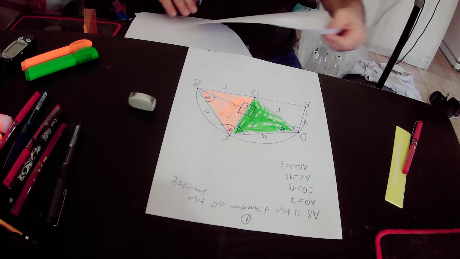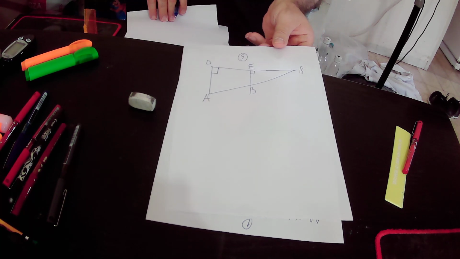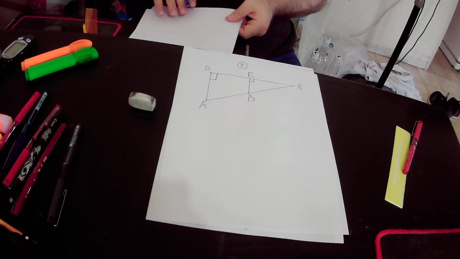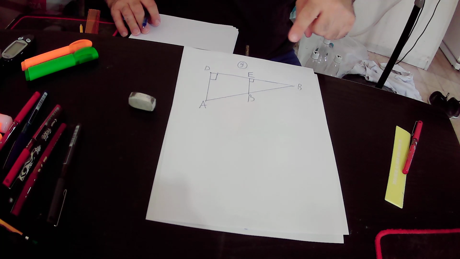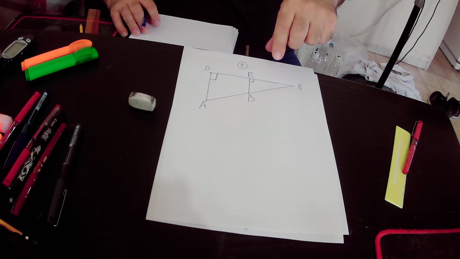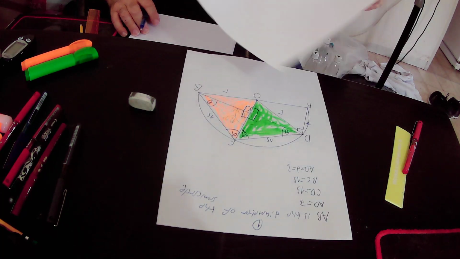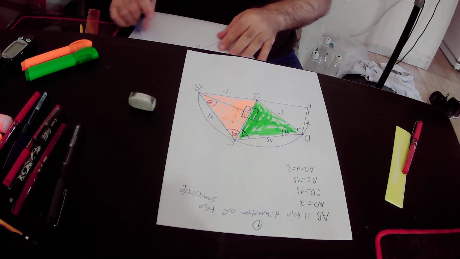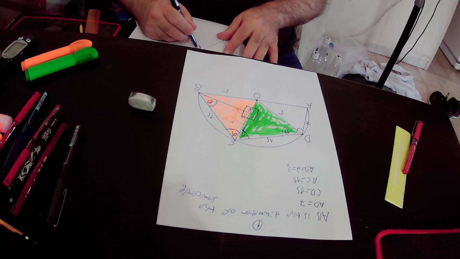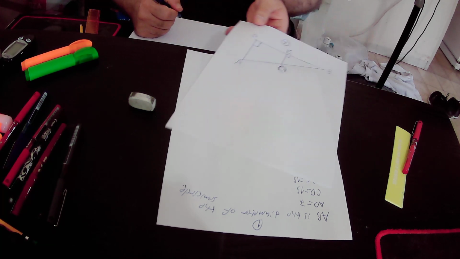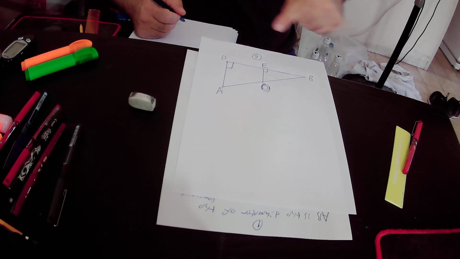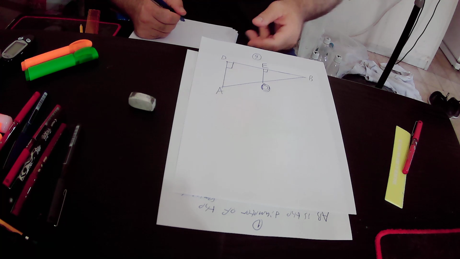So I draw again triangles ADB and the small triangle, triangle OEB.